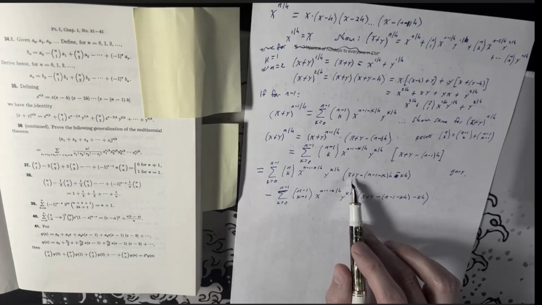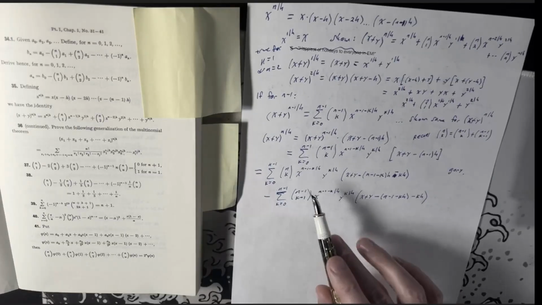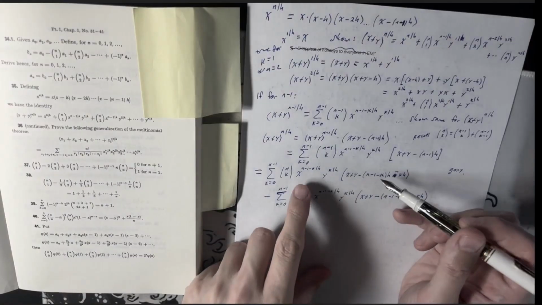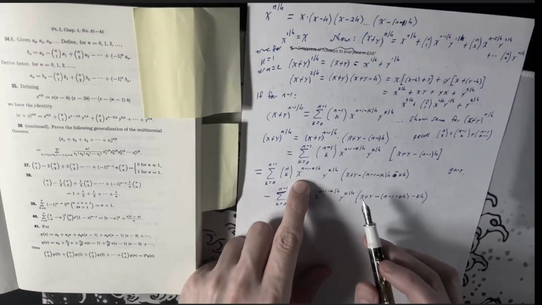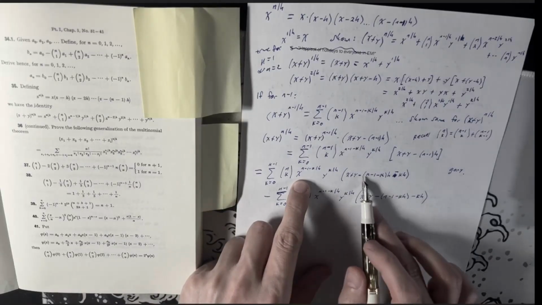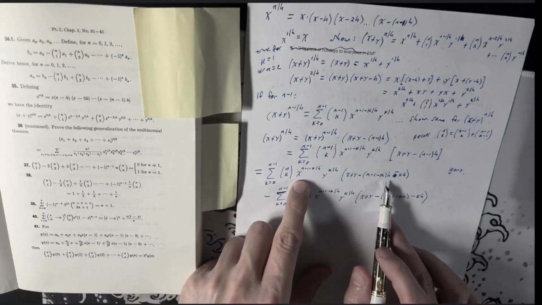So if I distribute this in, for each one of these terms that I used to have, now I have this guy increasing to x to the n minus k, we added another factor of x minus thing times h.